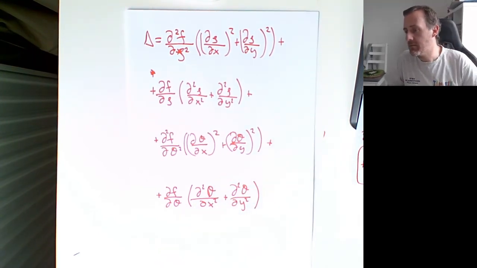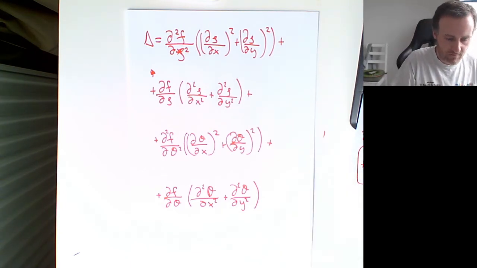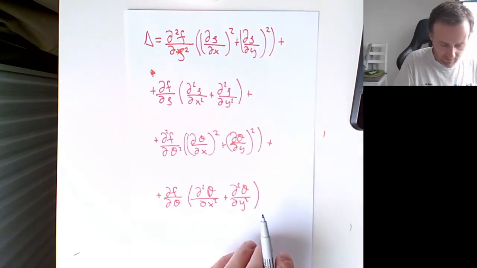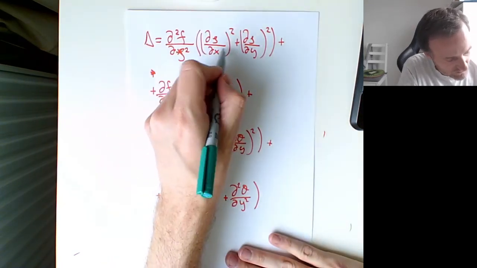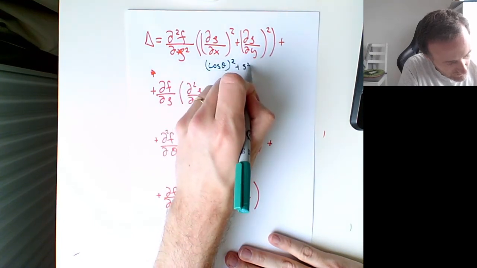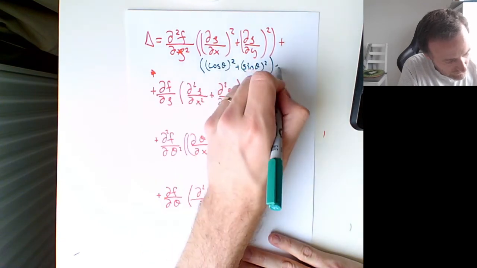Very good. Now let me fetch the green color, and then we use all the info we got. So, the partial derivative of rho with respect to x, what we got is cosine squared theta plus sine squared theta. So all this is equal to 1.